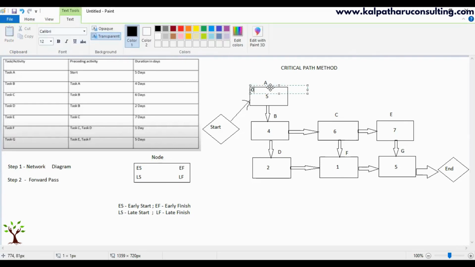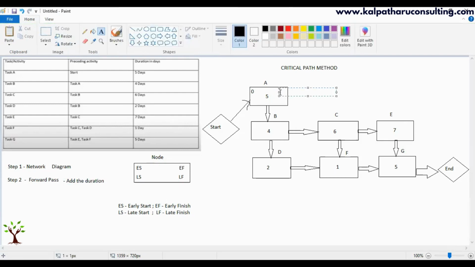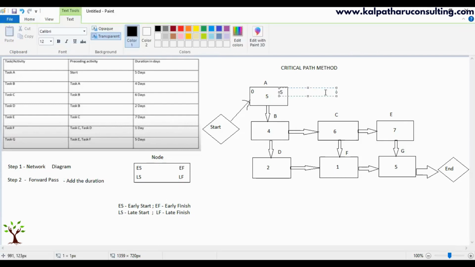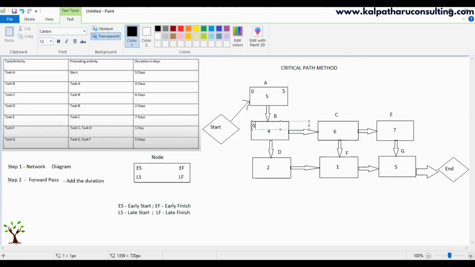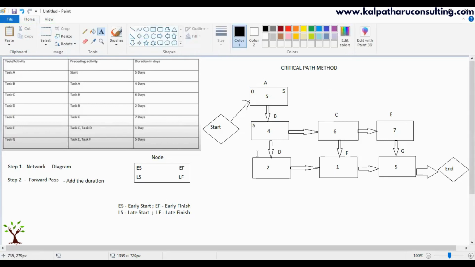Now we are going to add the duration. So in the forward pass, we add the duration. 0 plus the duration 5, which means we complete A on the 5th day. We take the same number for the next activity, which means B starts on the 5th day.